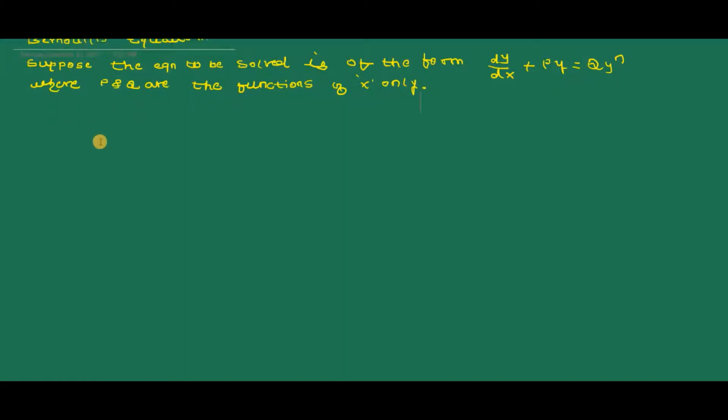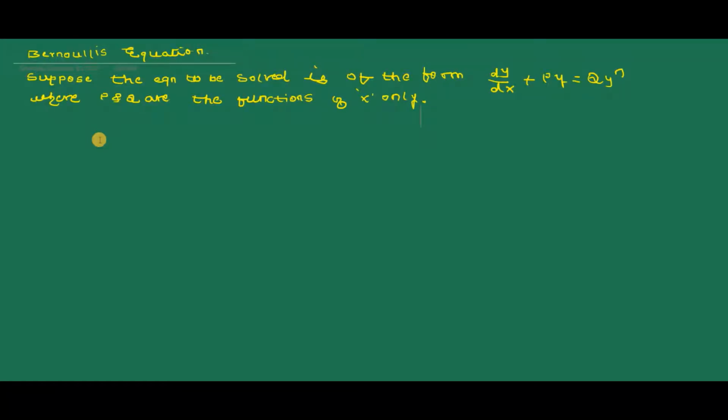So in this case I will write first dy by dx plus py is equal to q into y raised to n.